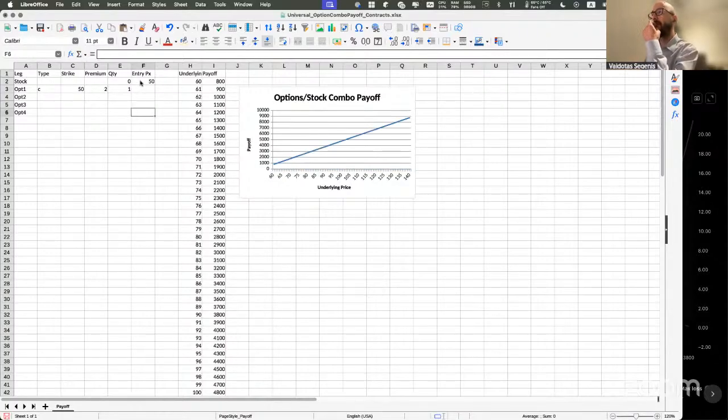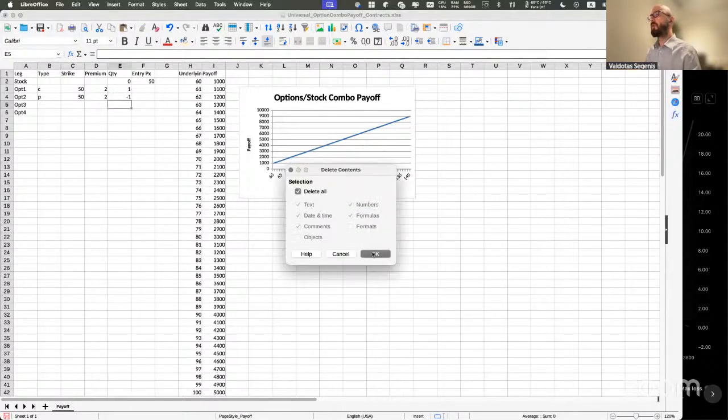At the same time we will sell a put, which is strike 50. Let's say that we also have $2 in premium, and we will short that.